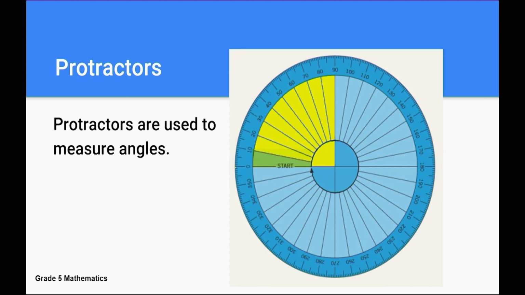If you said 90 degrees, then you're correct. We start at 0 degrees and then went around until the yellow section ended at 90 degrees.